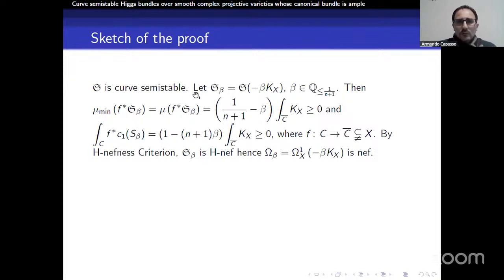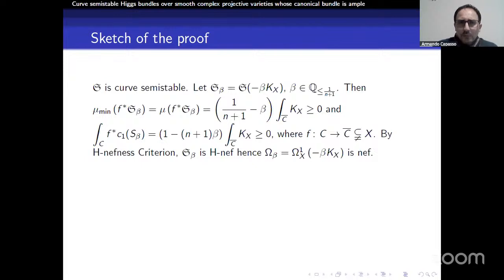Okay, second step. I twist the Simpson system by minus beta K of X, where beta is a rational number less or equal than 1 over n minus 1. Since S is curve semistable, the minimum slope of f pullback of S beta is equal to the slope of f pullback of S beta.